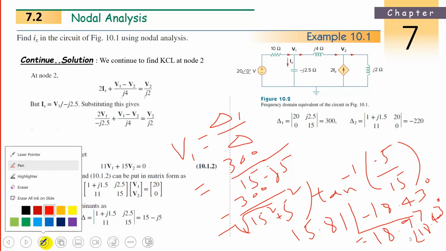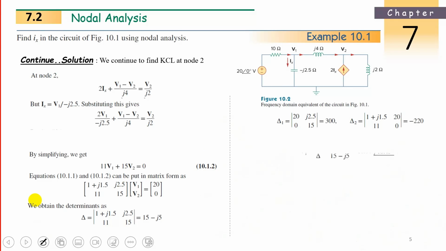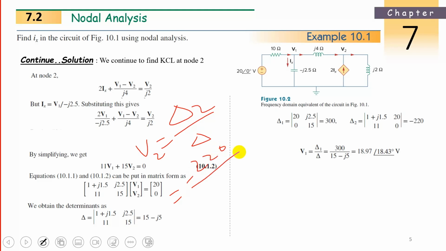So like this you can check the answer. V1, delta 1 divided by delta, 300 divided by 15 minus j5, is equal to 18.97 at an angle 18.43. Now what is V2? V2 is delta 2 divided by delta, which is minus 220 divided by 15.81 at an angle minus 18.43 degrees.